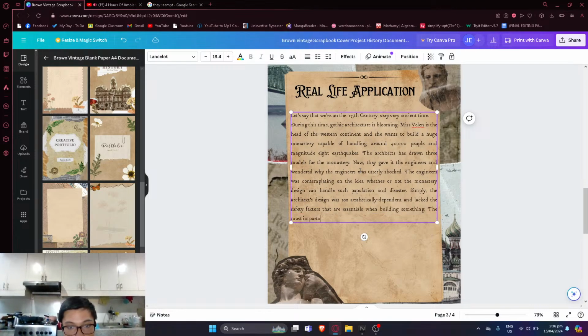The most important part in building is the construction and the design. The design must be able to meet the criteria for safety and road safety.